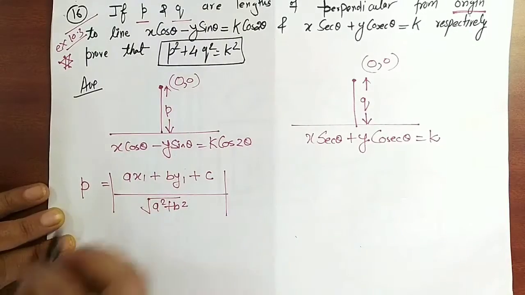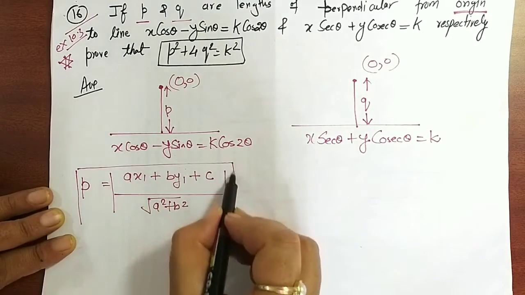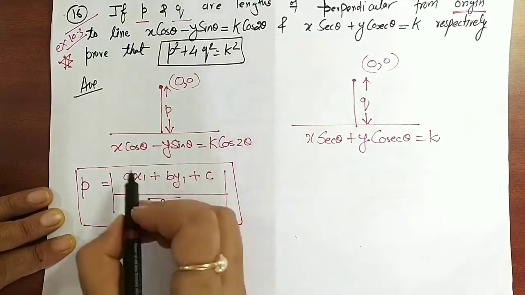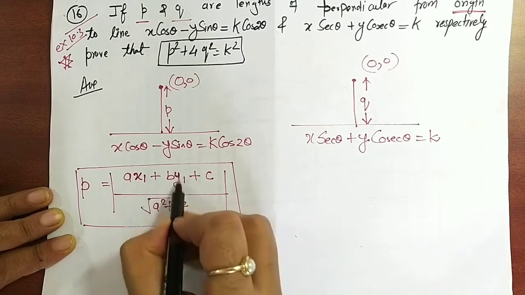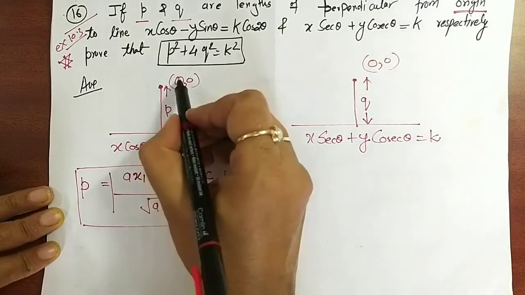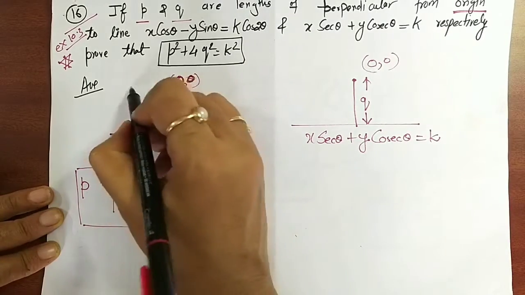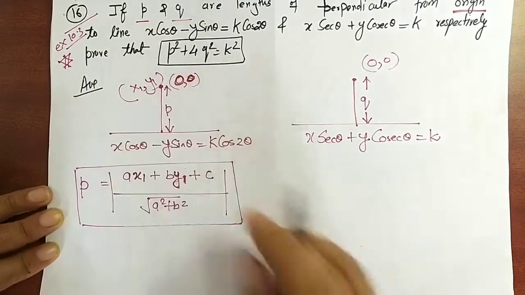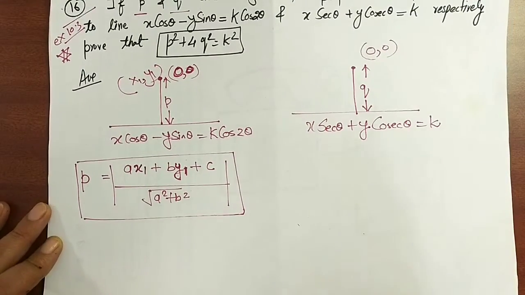This is the length of perpendicular from any point x1, y1. Here the point given, x1 and y1, is 0, 0.